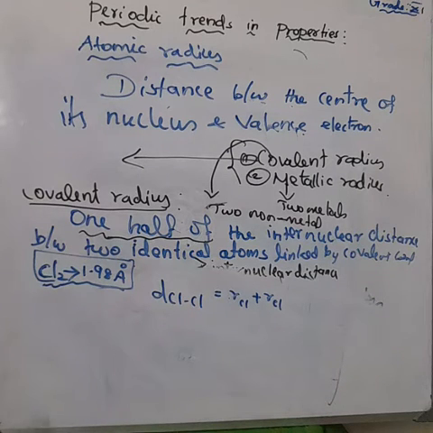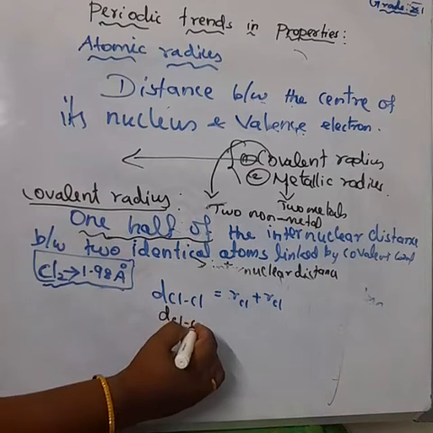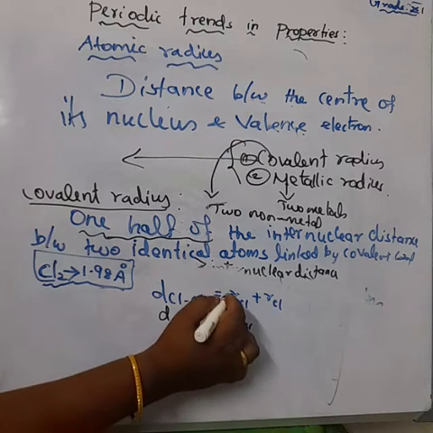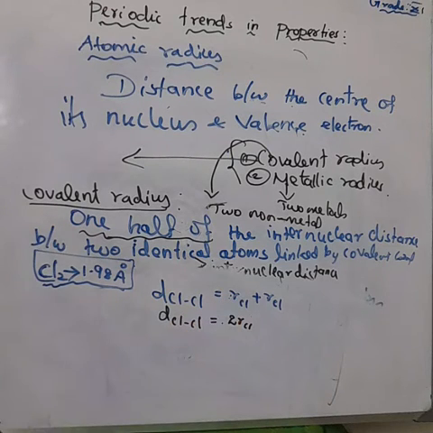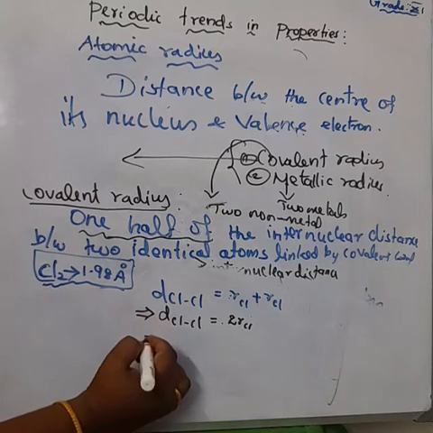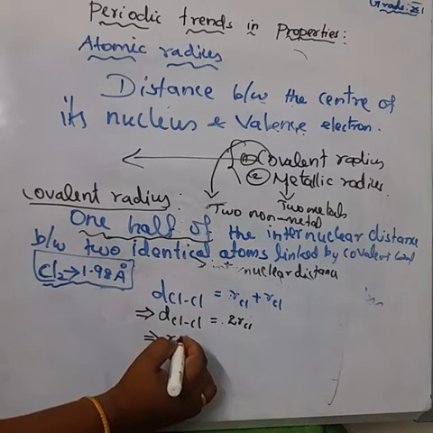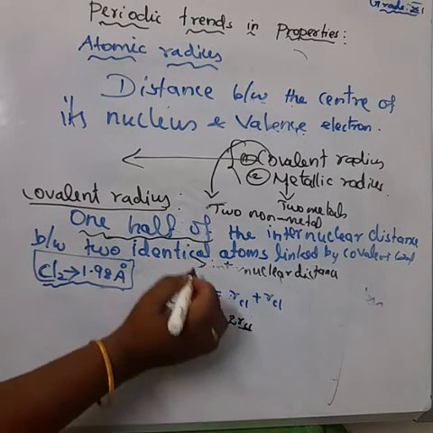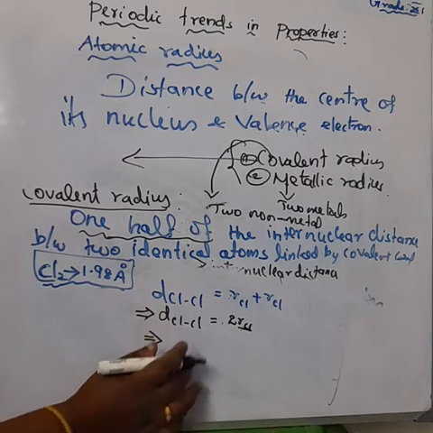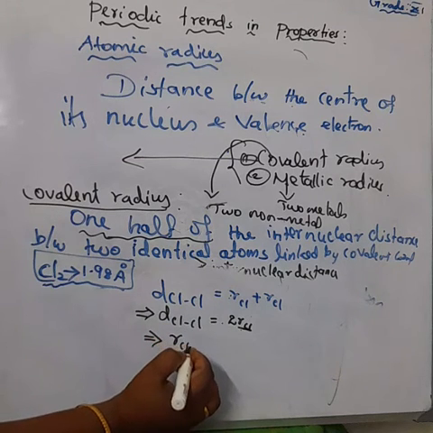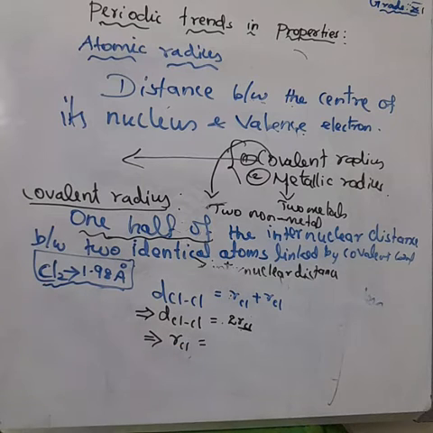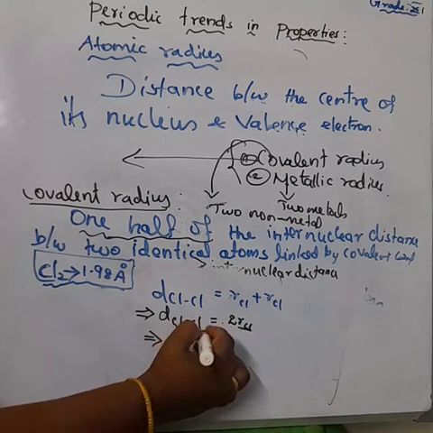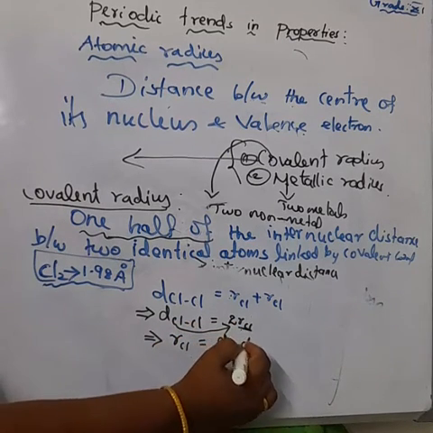So D, the distance between chlorine and chlorine, is equal to 2 into R Cl. We have to measure the covalent radius of the chlorine atom. So the radius of chlorine is equal to D, the distance in the chlorine molecule, divided by 2.